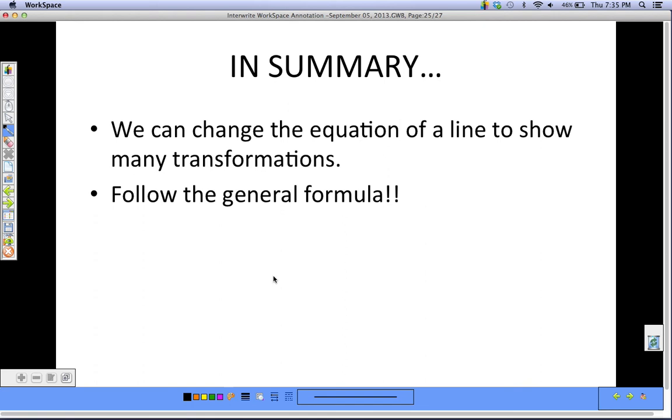There's many different formulas. We just have to remember our general formula of y equals a times x minus h plus k. This will be the same for all of them. So in class, we're going to look at a few word problems as well as talk a little bit more about our vertical compressions and stretches and all that fun stuff.